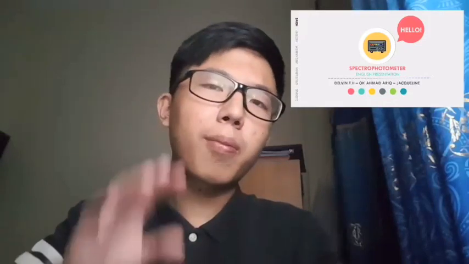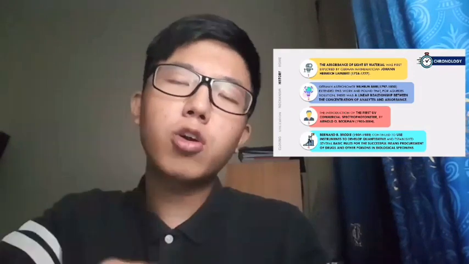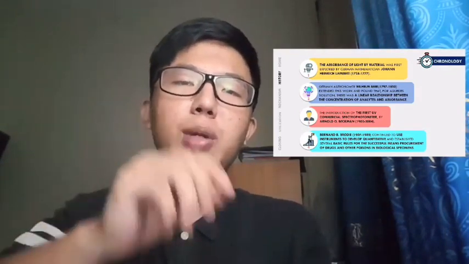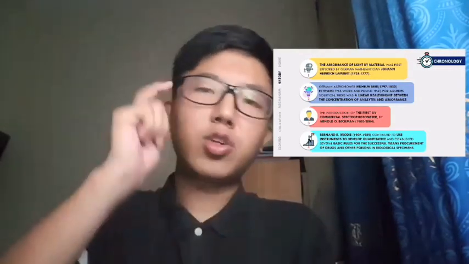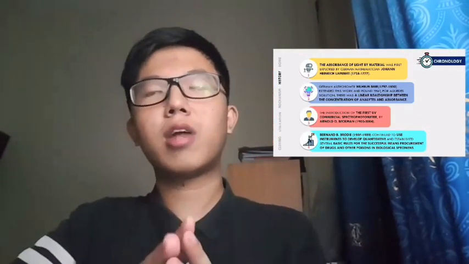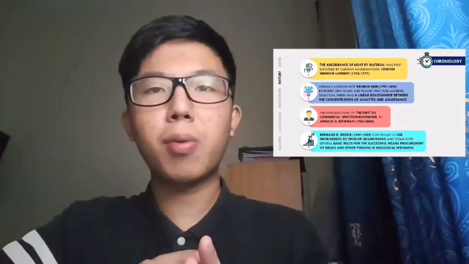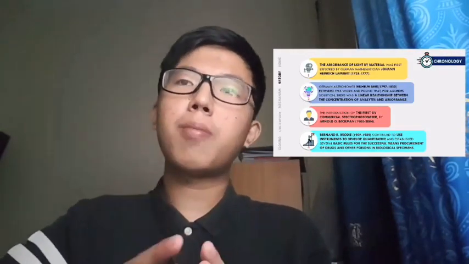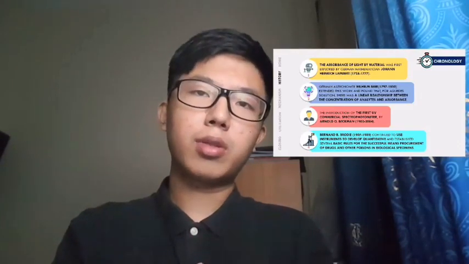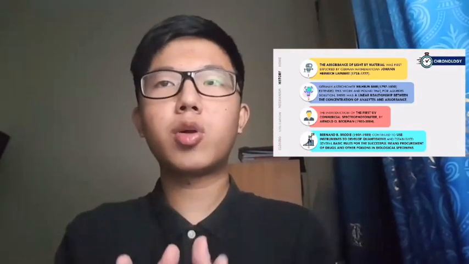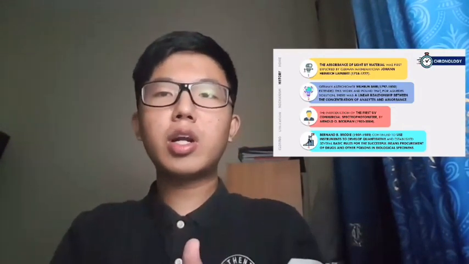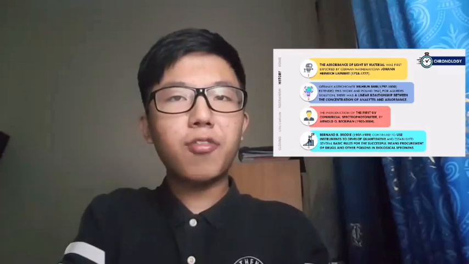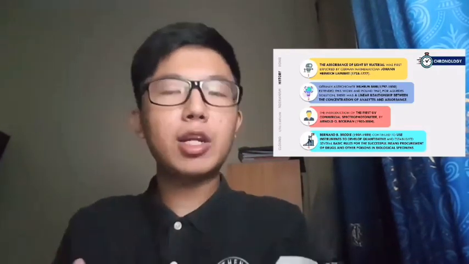But before we understand more about its function, we need to understand first about its history. The chronological history of spectrophotometer is divided into 4 chronological orders. The first one is where the absorbance of light by material was first explored by the German mathematician Johann Heinrich Lambert. The second one is the German astronomer Wilhelm Beer, who extended his work and found a linear relationship between the concentration of analyte and the absorbance of light by material.